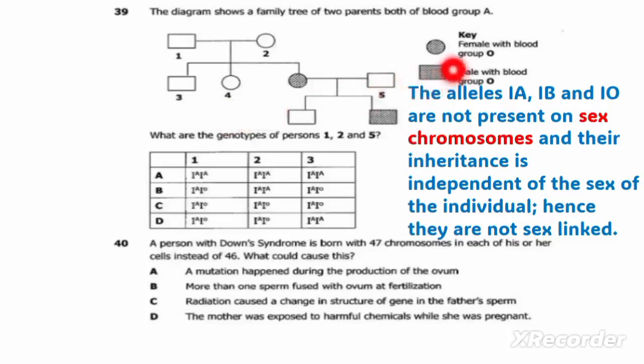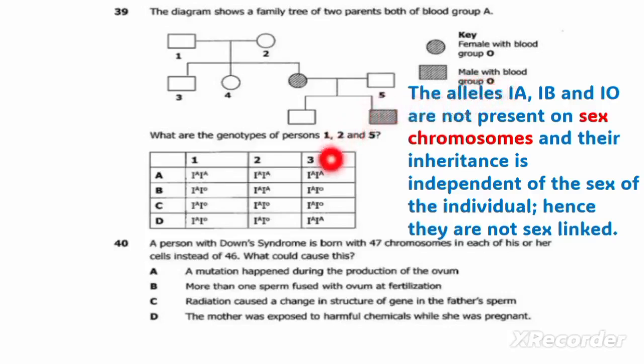Here we have the shaded circle representing a female with blood group O. The shaded rectangle represents a male with blood group O.